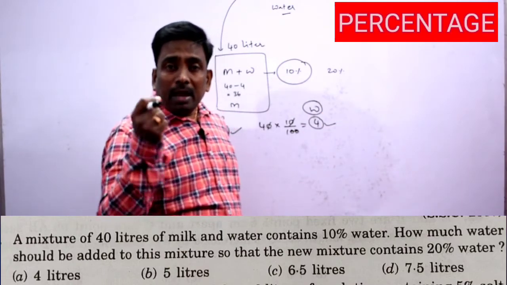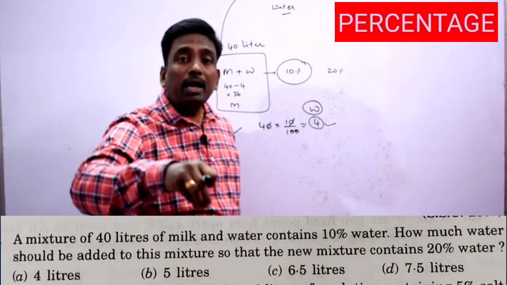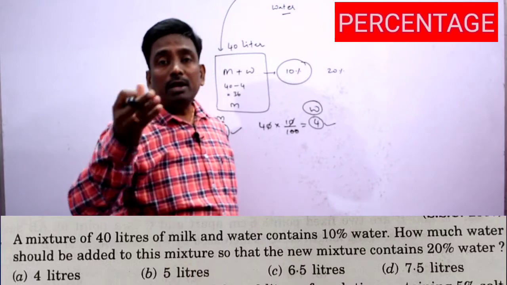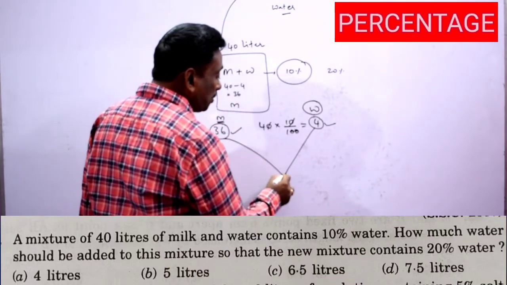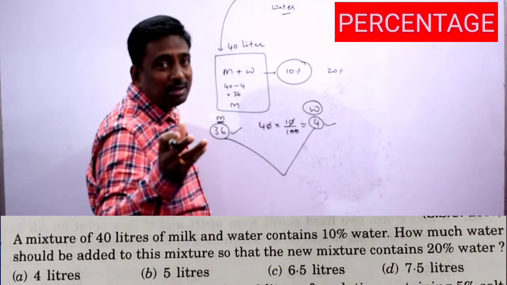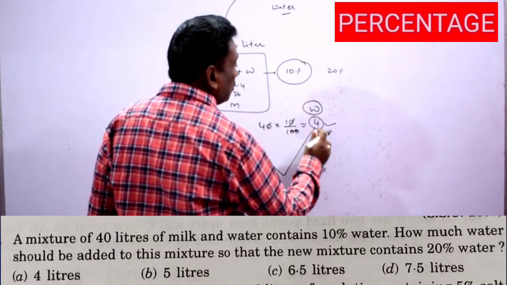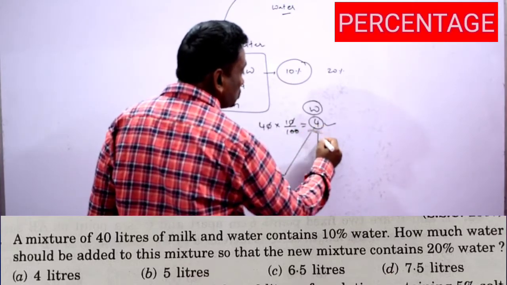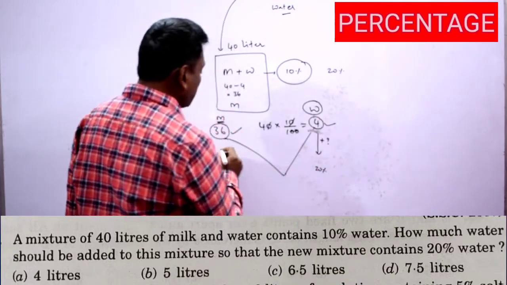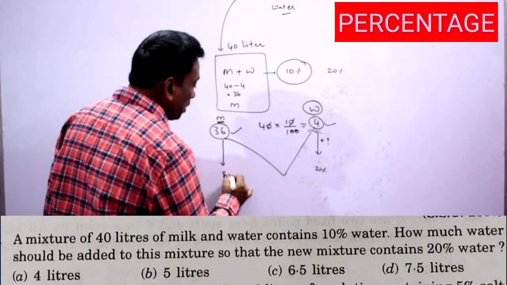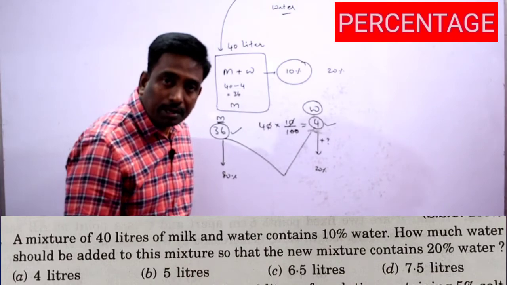The simple logic is that when we add water, there is no change in the quantity of milk, but the percentage varies. If water becomes 20%, then milk becomes 80%, because these two must always add up to 100%.